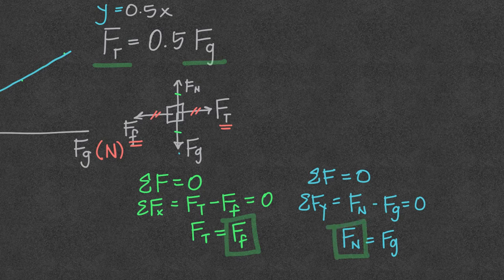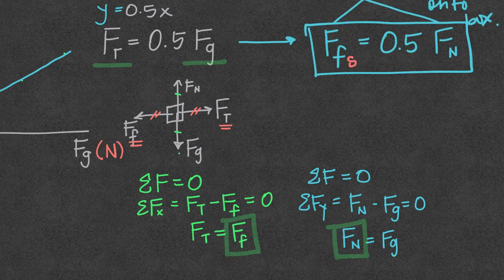So just making a substitution here, we get that the force of friction would equal 0.5 times the normal force. And we're defining both of these as being forces from the surface onto the box. So we're looking at how the surface is interacting with the box.